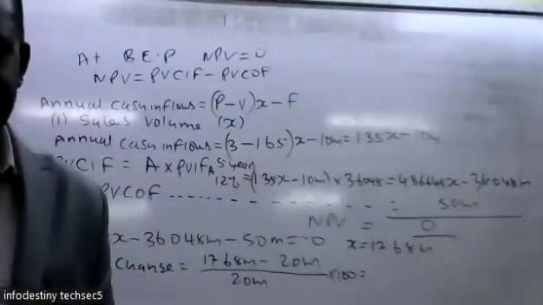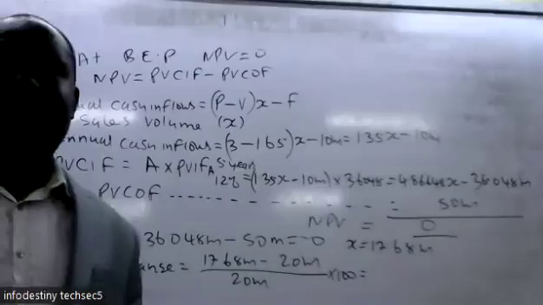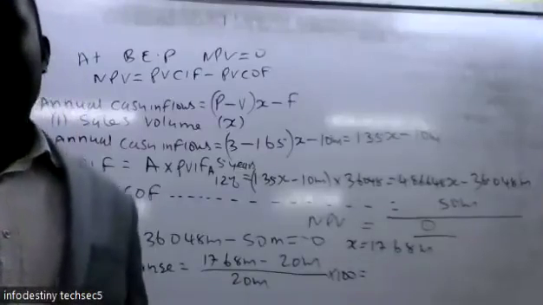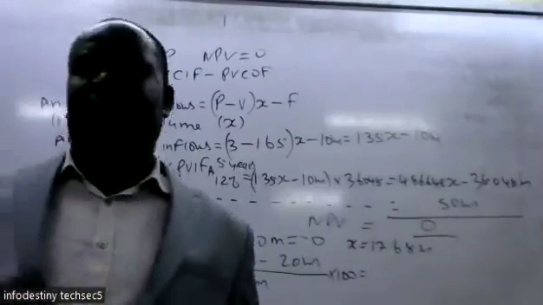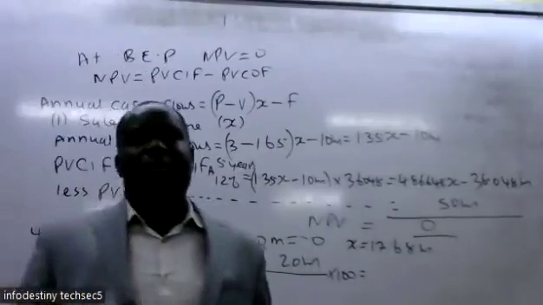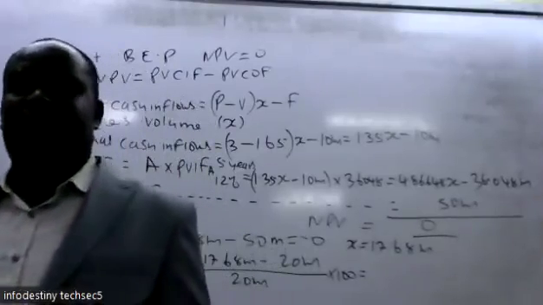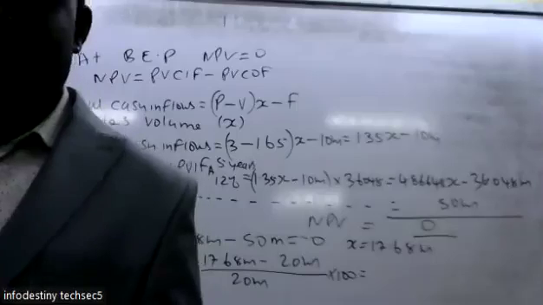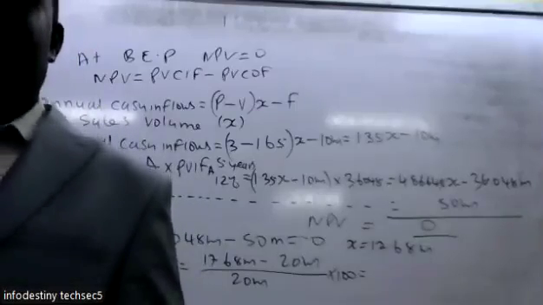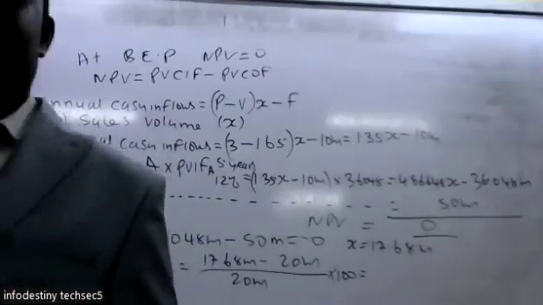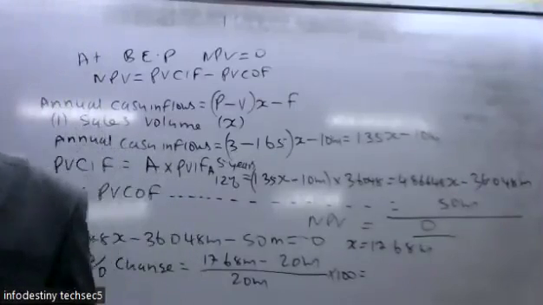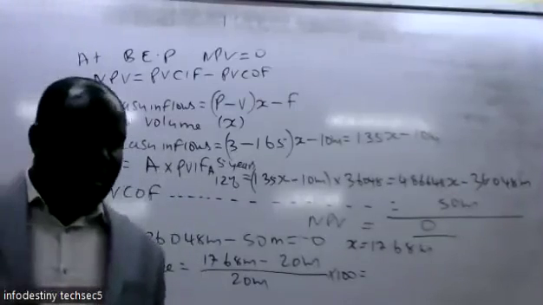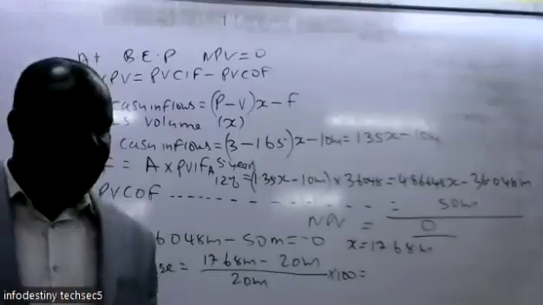You have also seen 11.59. So roughly we can have it as 11.6%. That's now the percentage change in the sales volume for the NPV to be equal to 0. So let us now go to Roman letter 2.